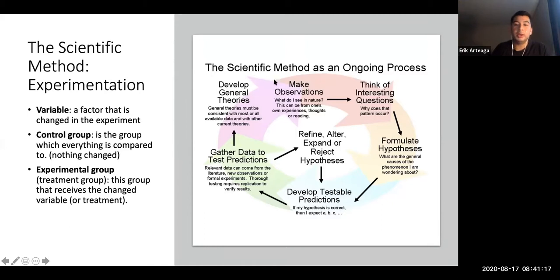Another thing to note is that, as I mentioned before, especially with the batteries in the remote, if that didn't work, you would continue to make different observations or different tests or conduct different experiments. This is an ongoing process. Okay. So there's a lot of different factors that come into what you're testing and how you're testing that specific variable or that specific experiment.